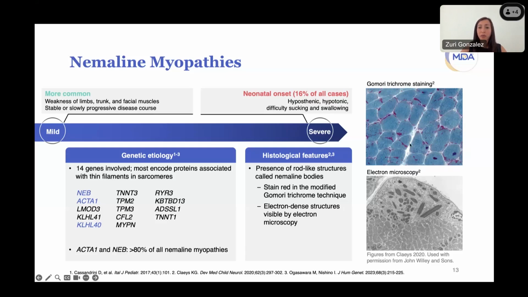On the upper right corner, you will see the Gomori trichrome technique, and you see staining red these aggregates that will be made up again of alpha-actinin and the thin filaments from the muscle fiber. On the right lower corner, you will see the electron microscopy, and you can see more clearly these rod-like structures.